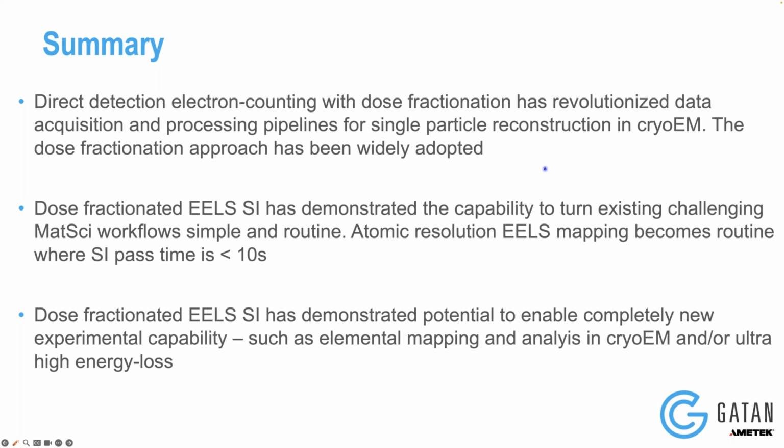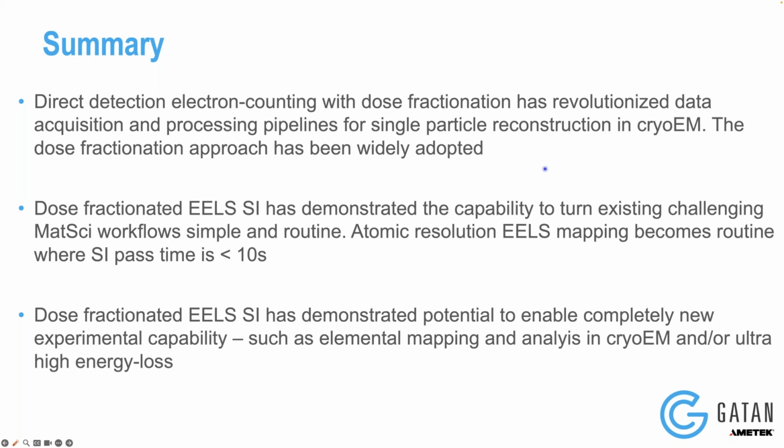So it's been massively adopted in the community, and I think we can expect to see the same benefits in materials science. If we do the same thing for our spectrum imaging experiments, we see huge benefits. So we should be doing this.